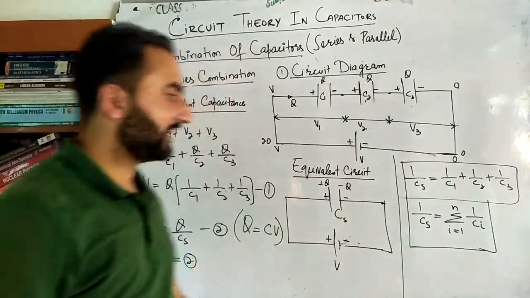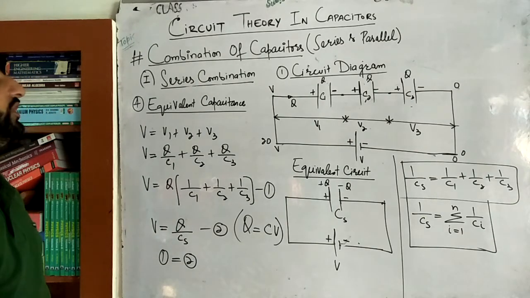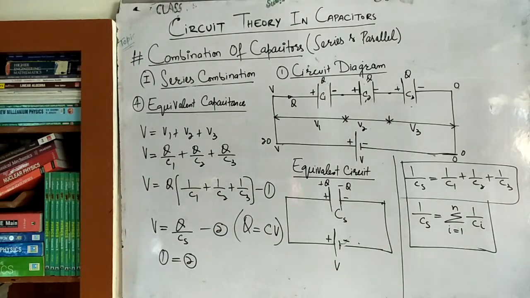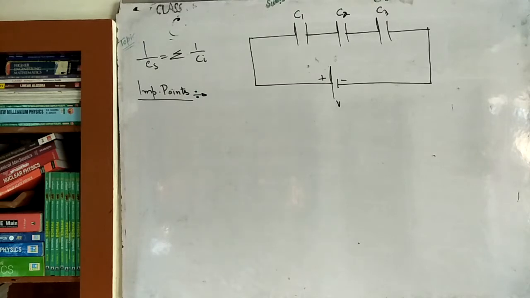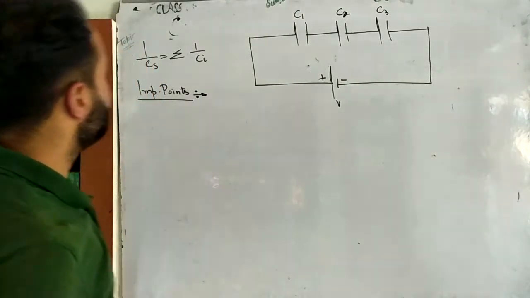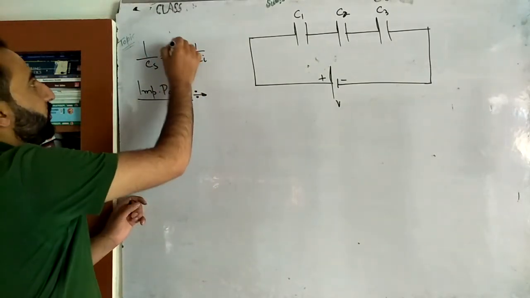In general, 1 by CS is equal to the summation of 1 divided by CI, where I runs from 1 to n. Pause the screen and write this down.